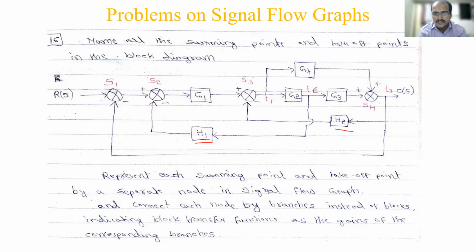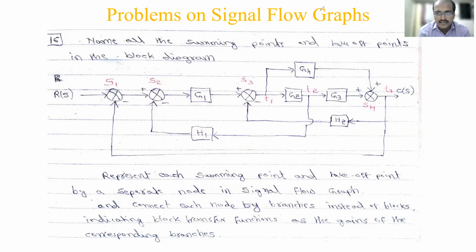Okay. So here T2 to S2 is minus H1, and then T3 to S3 minus H2, and then T3 to S1 a minus sign is there. Here nothing is there, meaning this is 1 and with this minus sign, minus 1 will come in the branch gain. I hope it is clear to you. Since it is the first problem, it takes a little bit of time to understand.